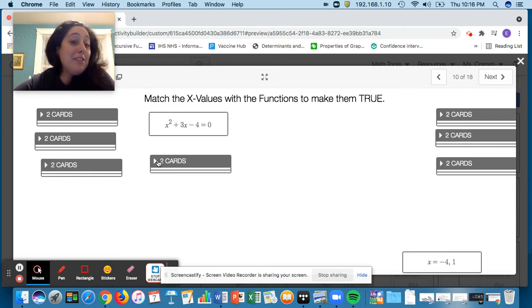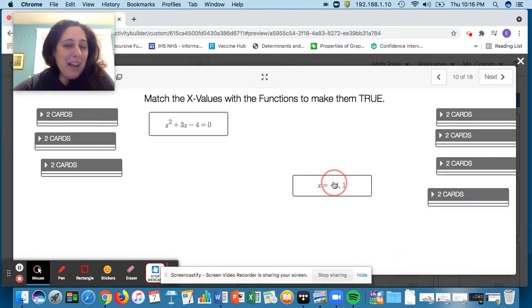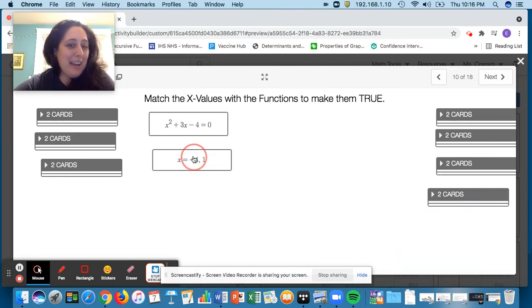Okay, that just leaves one more. So you could do process of elimination, but I also want to double check. So here, x is negative 4, and I'm still going to do some mental math, but if I'm plugging in x, it's got to be in both places. So I'm not putting negative 4 here and 1 here. If I choose negative 4 as a replacement for x, I've got to use negative 4 here and negative 4 here.